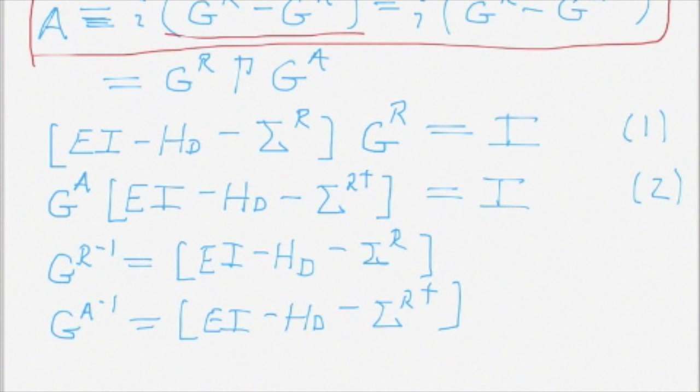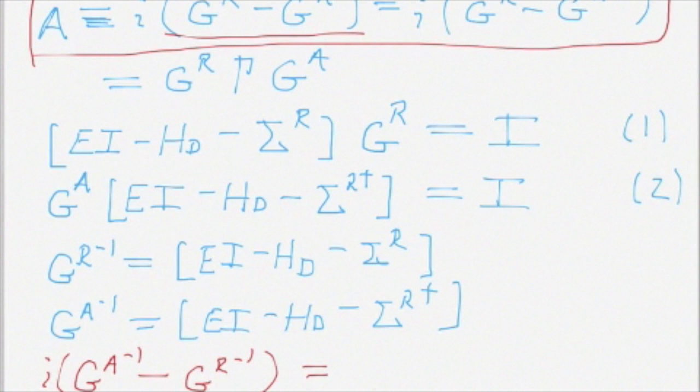Let's write out this one: I times G^A inverse minus G^R inverse. I'll just take the difference of the two right-hand sides. The only thing that stays around are the sigmas.